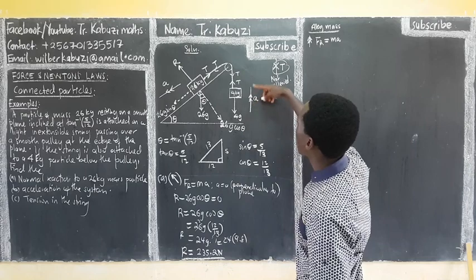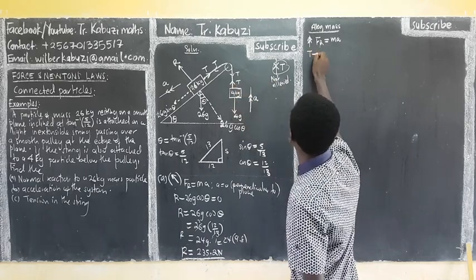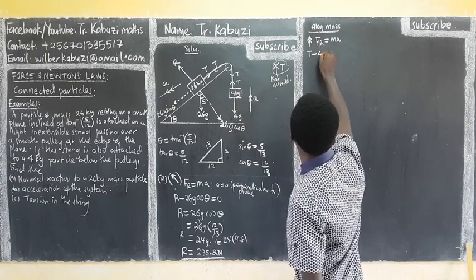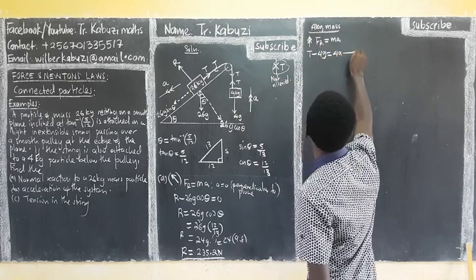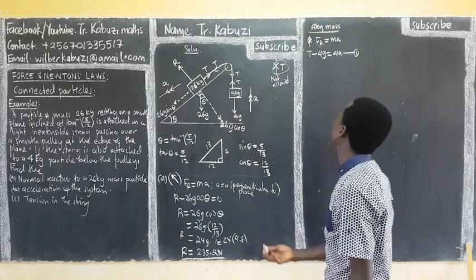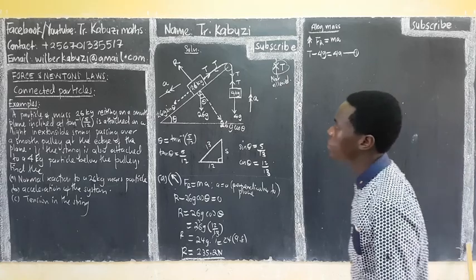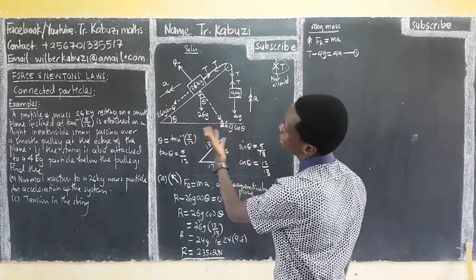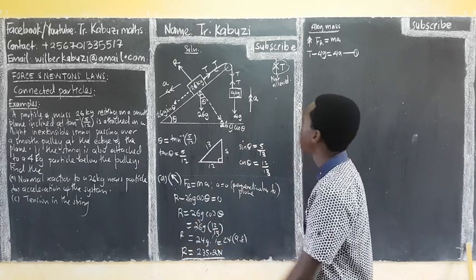So going upwards, this one is pulling, so it will be T, then minus the opposer, equaling the mass 4 times the acceleration: equation 1. As simple as that. These are very easy things. When you find these connected particles, just smile. They are easy.